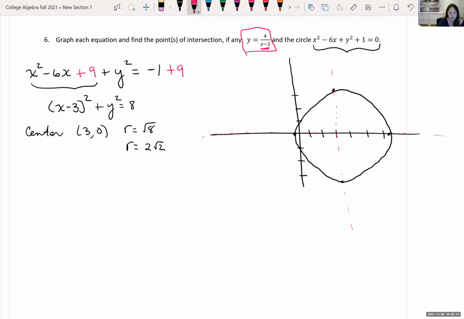So I'm just going to plot a couple points on the left and right of x equals 3 just to get a couple points and to plot them and see what the graph looks like. So let's look at 2. If we plug in 2 wherever we see an x here, we get 4 over 2 minus 3, which is 4 over negative 1, which is negative 4. So at 2, I have a point at negative 4, or I have a point at 2, negative 4.